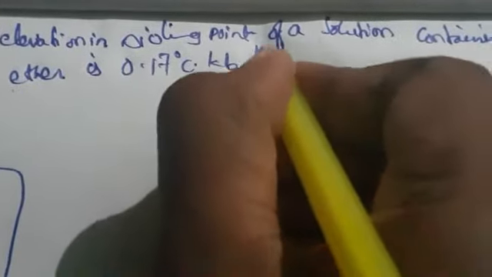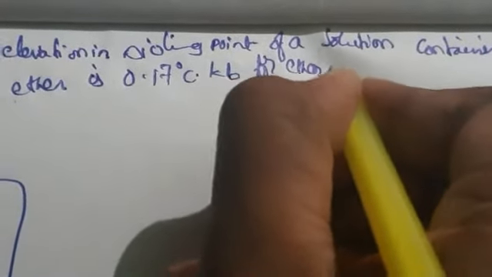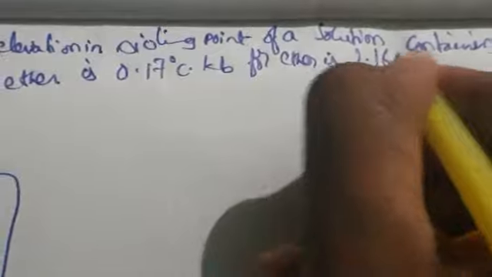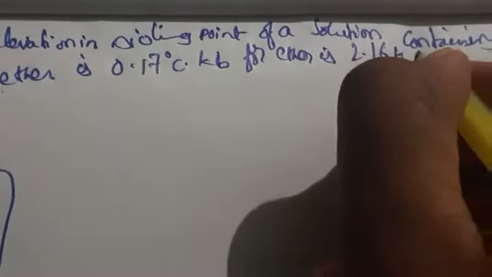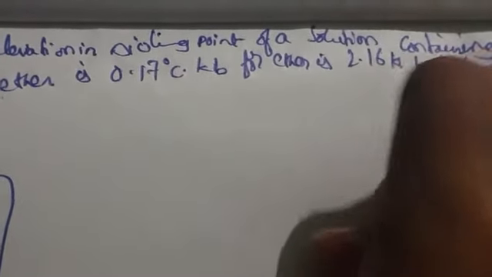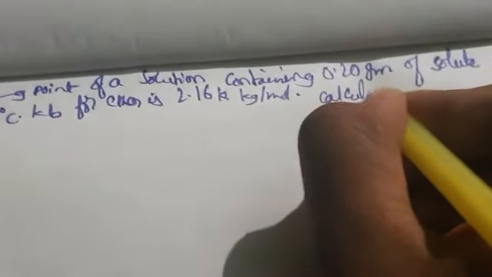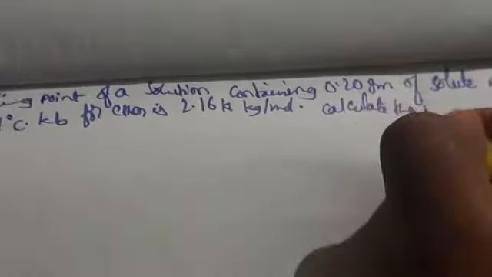Kb for ether is 2.16 kg per mole. Calculate the molar mass of solute.